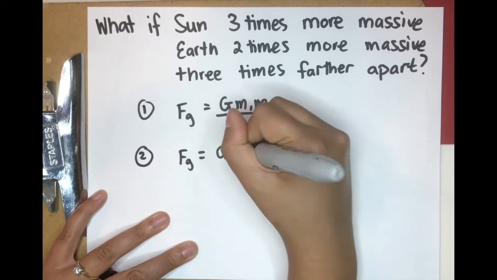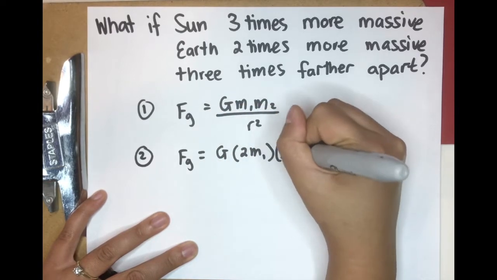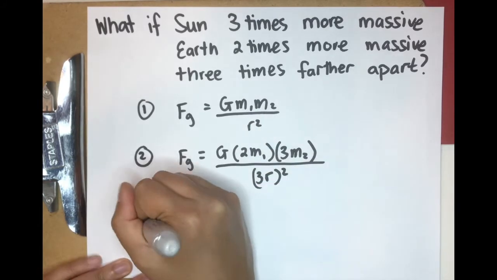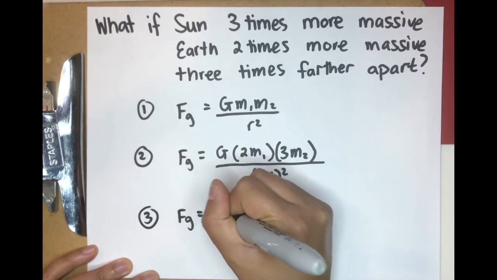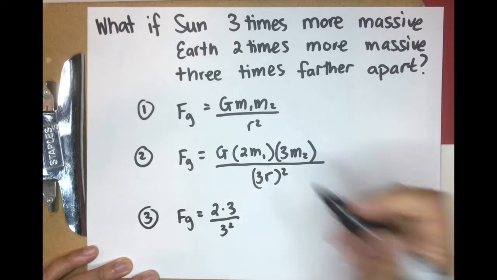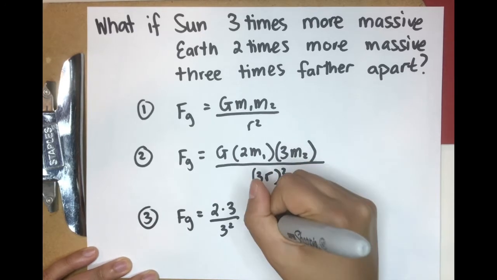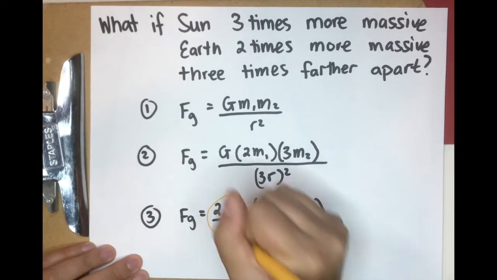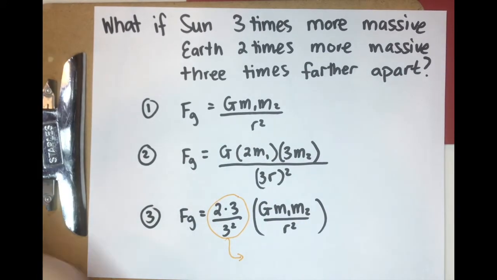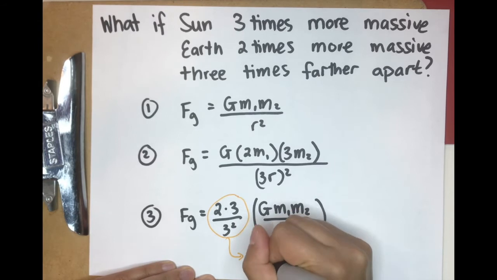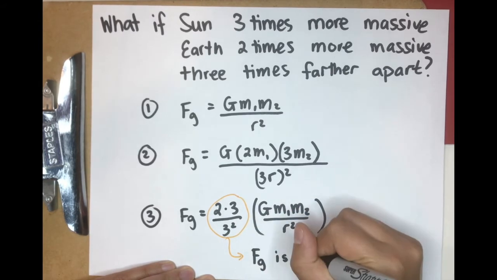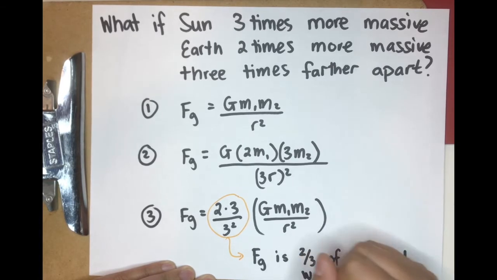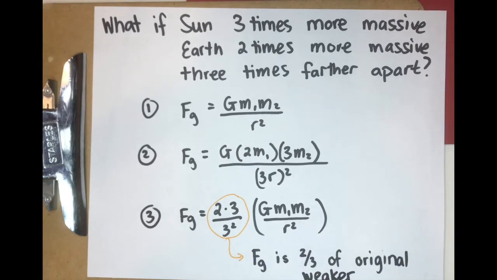Step 2, substitute in m2, the Earth, is twice as massive. m2, the sun, is 3 times as massive. And the distance r is 3 times as great. Sorting everything to the left and right as before, we see there's 2 times 3 over 3 squared, or 2/3 of the original force. That means the gravitational force would be weaker than before, because 2/3 is less than 1.